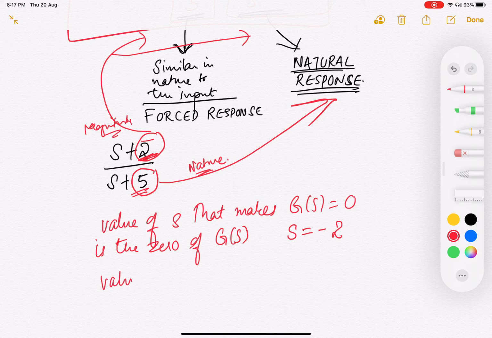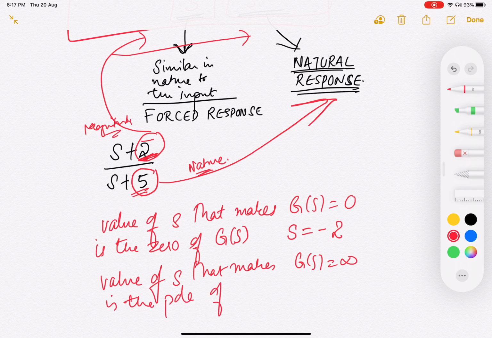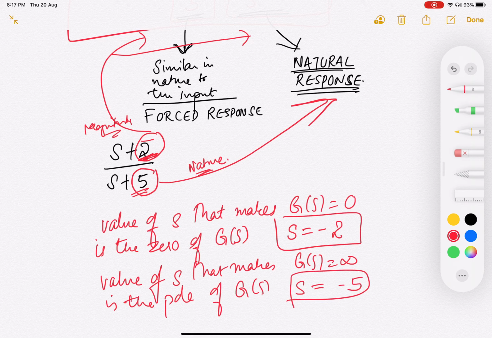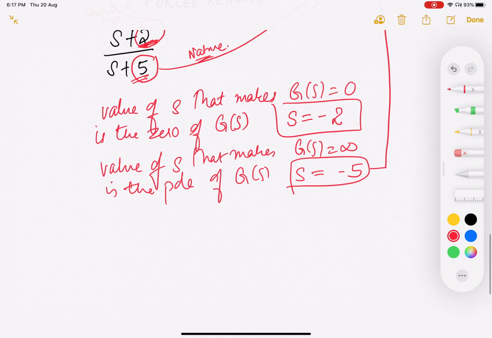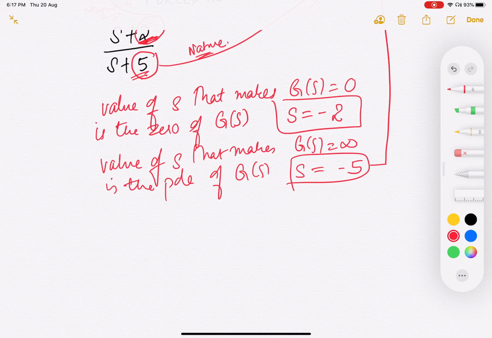Similarly, the value of the complex variable s that makes G(s) equal to infinity is called the pole of G(s). So the pole of G(s) is here, equal to -5, right? So the pole determines the nature, and the zero determines the magnitude of the natural response, right?